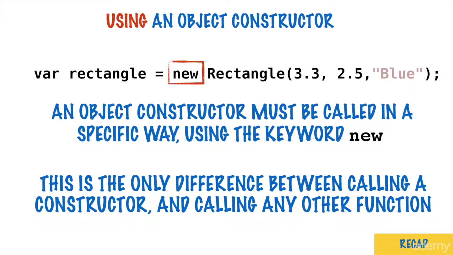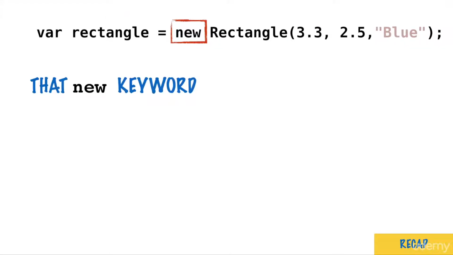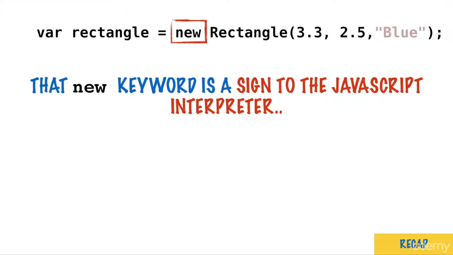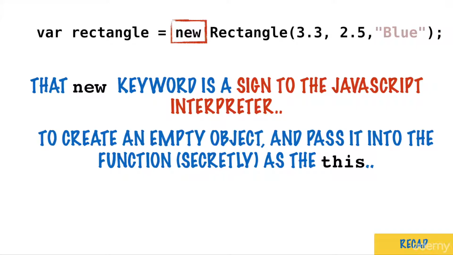When JavaScript sees the new keyword, under the hood, it will create an empty object and pass it in to the function that is the object constructor. So under the hood, the JavaScript interpreter will create an empty object and pass it into the function. And remember, this is done secretly as the this object.